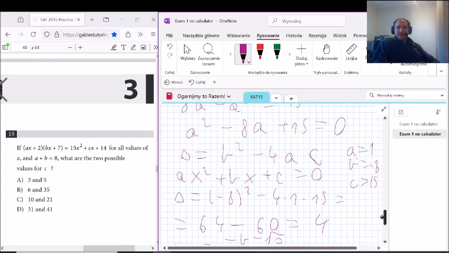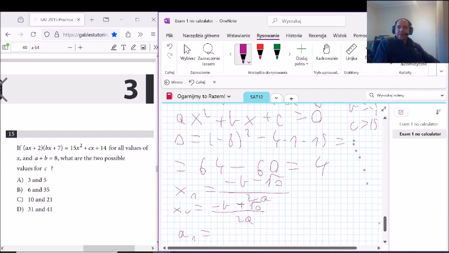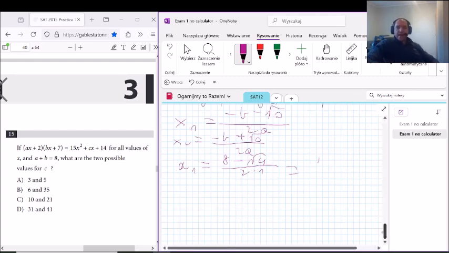Our minus b is 8, so a1 is 8 minus square root of 4 divided by 2 times 1, because our a was 1. It will be 8 minus 2 divided by 2. 6 divided by 2 is 3. And a2 is 8 plus square root of 4 divided by 2 times 1.